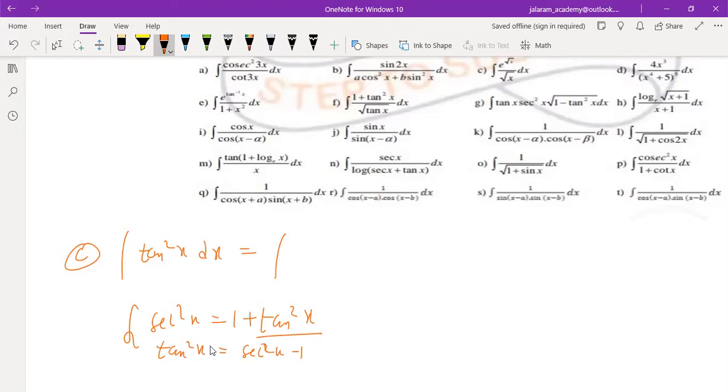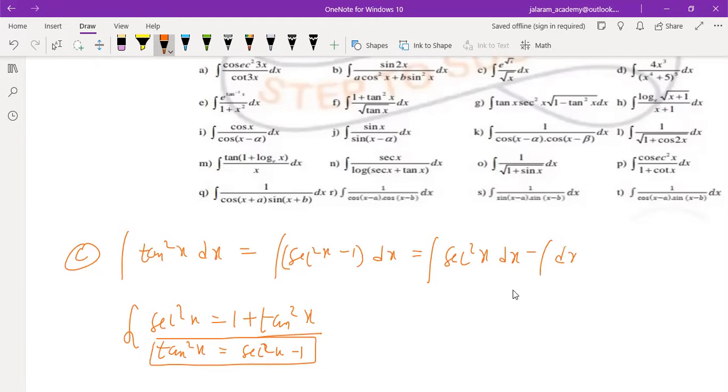We use this identity as we know that the integration of sec square x is tan x. So if we change tan square x to sec square x minus 1, we can easily integrate it: integration of sec square x dx minus integration of dx. The integration of sec square x is tan x, and of dx is x plus c. So this is the answer.